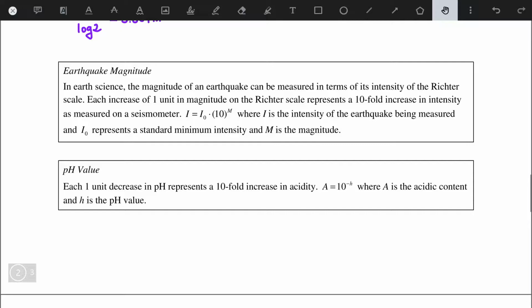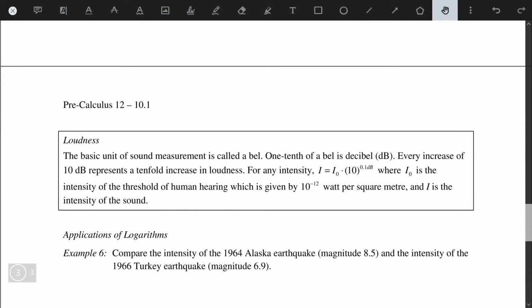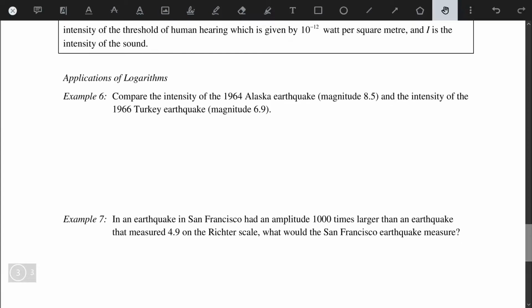So earthquake magnitude is one of them, pH value is another, and finally the loudness of sounds is another example of this. So let us consider the following examples. Example 6. There are 2 earthquakes, one of which has magnitude 8.5, and another has magnitude 6.9.